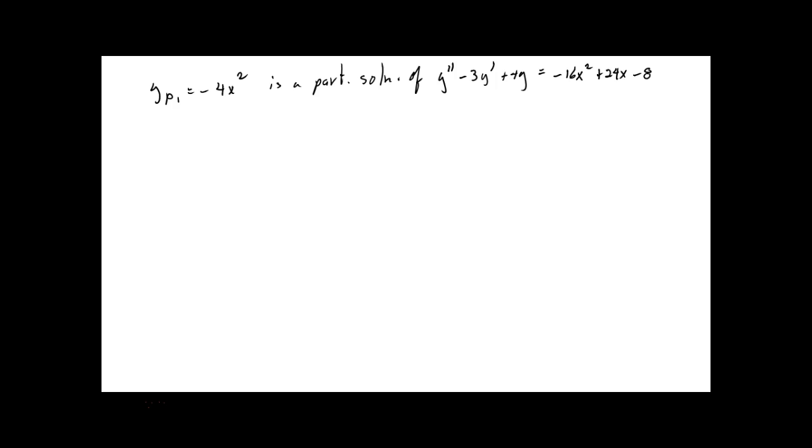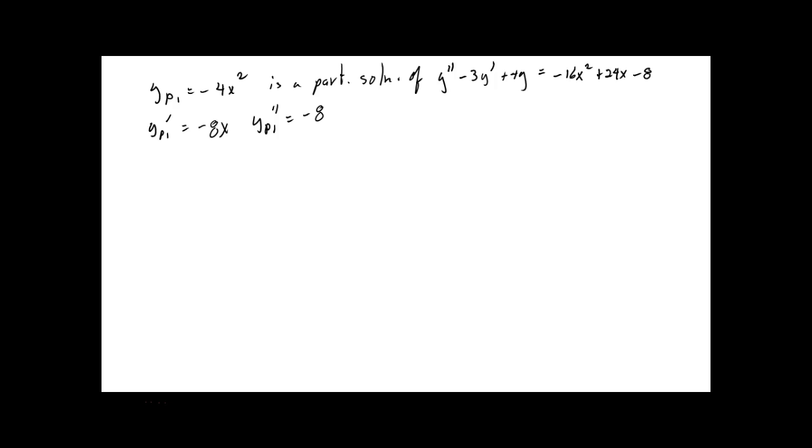Let's first verify that one. What you'd have to do first is y sub p1 prime is equal to negative 8x. Y sub p sub 1 double prime would be negative 8. That's as far as we need to go because we only have up to 2.